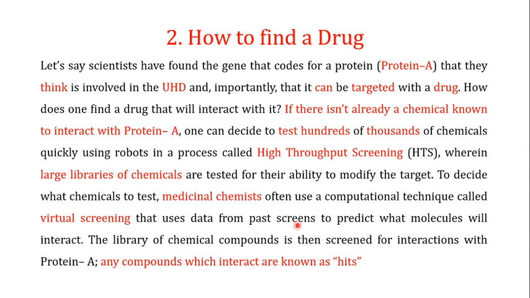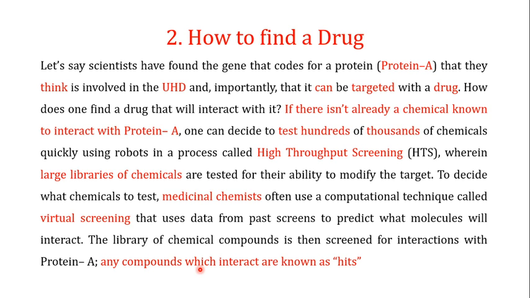But in modern drug designing, you do not go directly to the wet lab. You start from computers by utilizing virtual screening, and on the computer you can check the interaction of different kinds of drugs with protein A.